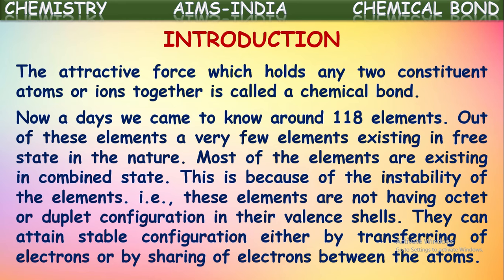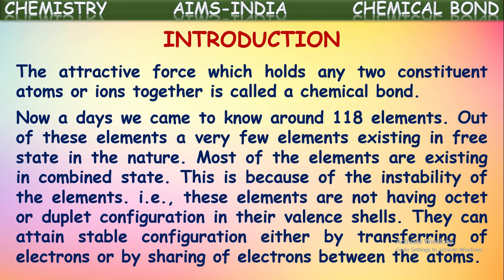This is because of the instability of elements. They are unstable elements, meaning they are more reactive elements. The reason for this is these elements do not have octet or duplet configuration in their valence shell. The elements with the octet or duplet configuration in their valence shell are more stable. Like that, very few elements exist in nature.